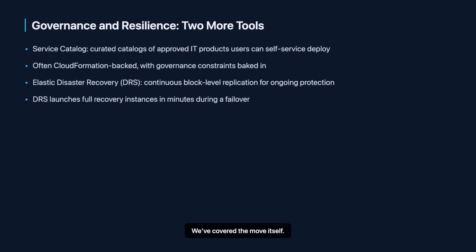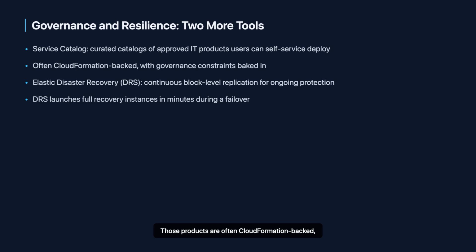We've covered the move itself. Now two services that sit on either side of it, one that governs what teams are allowed to deploy once they're on Amazon Web Services, and one that keeps production safe after the migration is done. The governance side is Service Catalog. It lets an organization publish curated catalogs of approved IT products that users can deploy themselves, on demand.